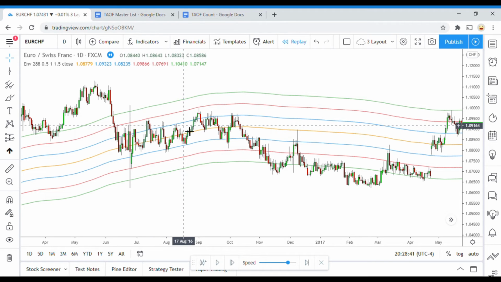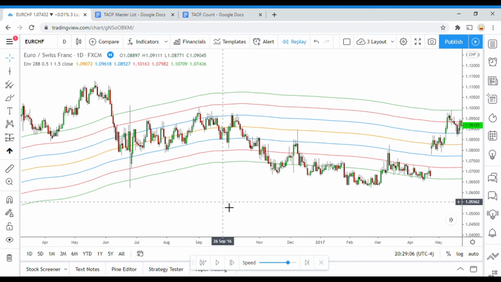You could, for example, say every time price breaks above the blue line or below the blue line and then enters back in across that blue line, that would be a signal to go either short or long.